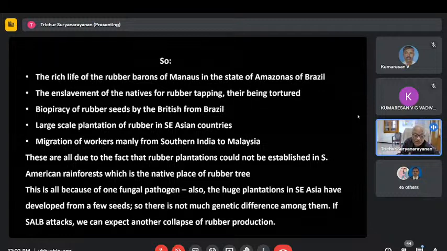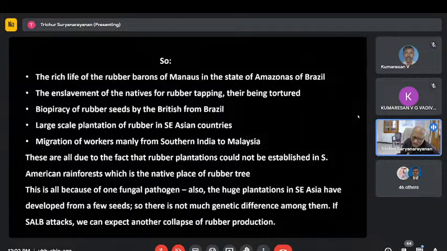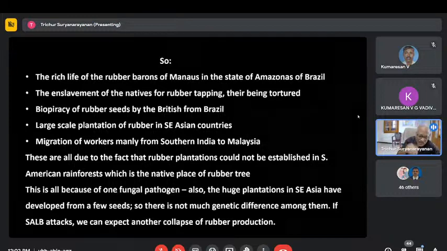Large-scale plantation of rubber in Southeast Asian countries. Migration of workers, mainly from southern India to Malaysia. These are all due to the fact that rubber plantations could not be established in the South American Amazon rainforest, which is the native place of the rubber tree. And that is because of the fungal pathogen.